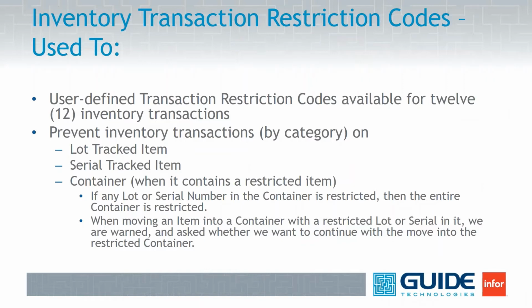They are meant to prevent transactions by category, by one of those categories, on a lot tracked item or a serial tracked item or a container if the container contains a restricted item. So if any lot or serial number in that container is restricted, then the entire container is restricted. And when I'm moving from inventory into a container with a restricted lot or a serial number in it, we are warned, and then the system will prompt us, do we want to continue with the move into the restricted container?